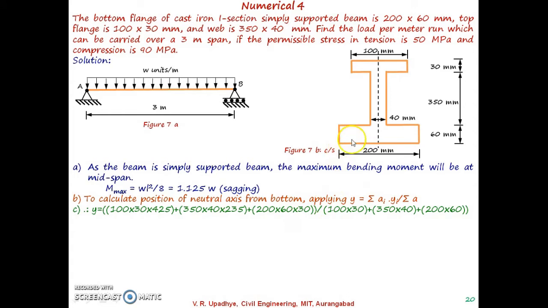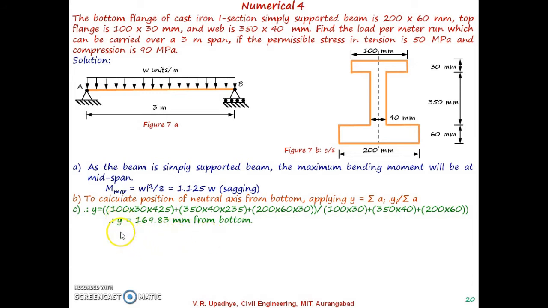So that is the moment of all areas taken about the bottom. Now divide by the area of each rectangle: 100 into 30 for the top flange, 350 into 40 for the web, and 200 into 60 for the bottom flange. This calculation gives us the position of the neutral axis from bottom.